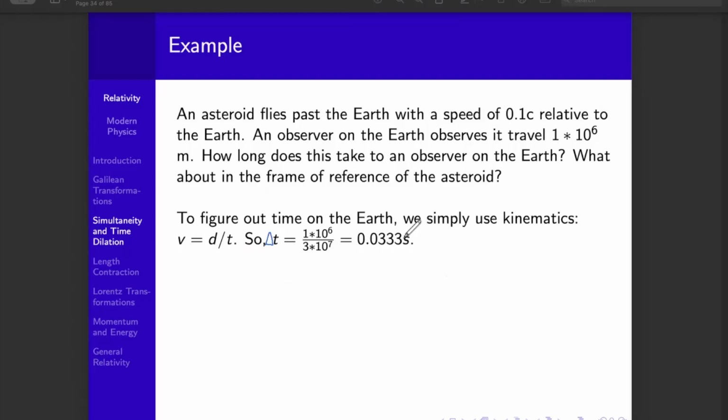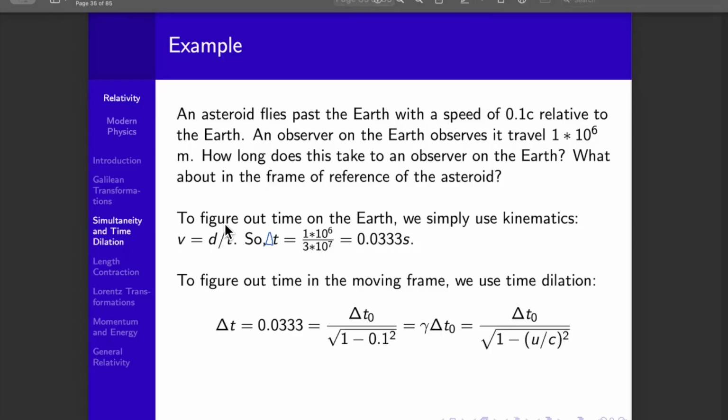I know that we're not really following significant figures here, but it's because I want you to see what delta t zero is and compare it to delta t. And if I don't go out to this many digits, you're not going to see a difference. So to figure out what delta t zero is, we already know the time in the stationary frame, that's delta t.